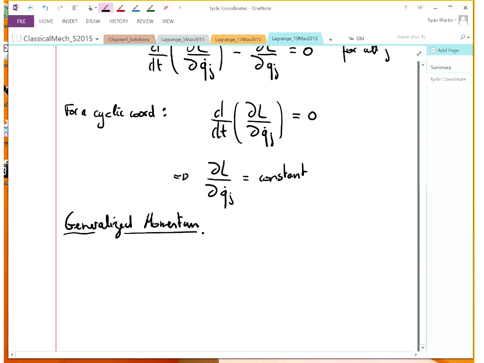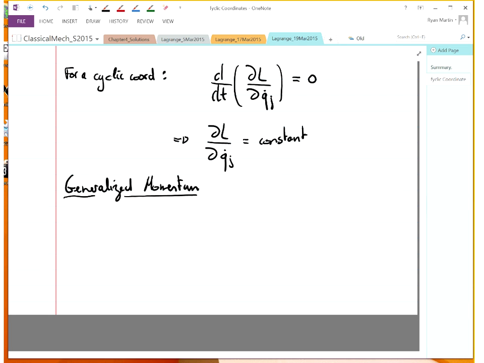Remember, the theme here is that we add the word generalized in front of a quantity we're familiar with, and then that quantity is a more general version. A coordinate might not necessarily have units of distance. A generalized force might not have dimensions of force. It may have dimensions of torque. So similarly, a generalized momentum may not necessarily have dimensions of momentum.